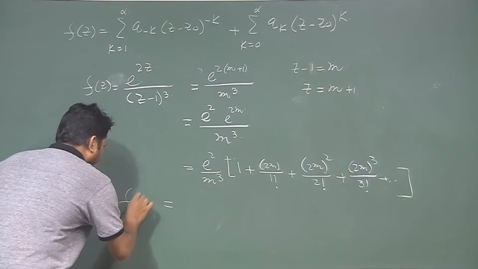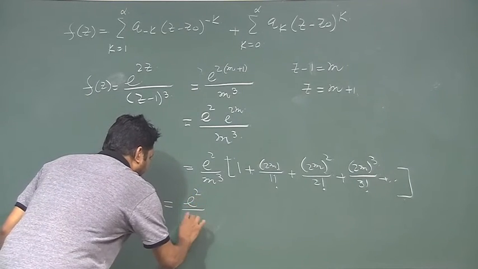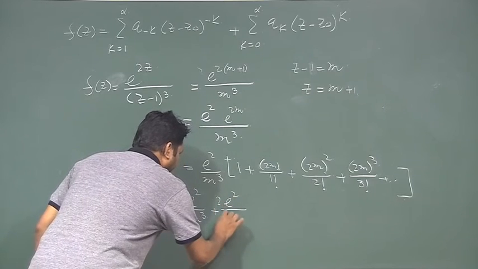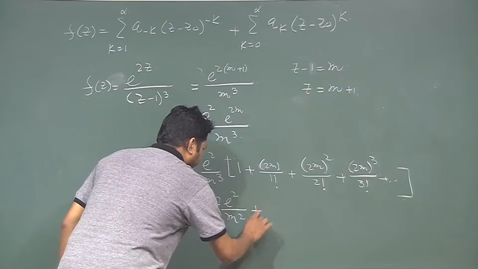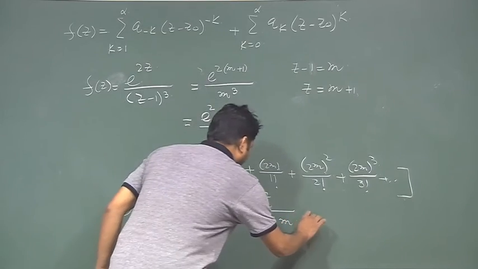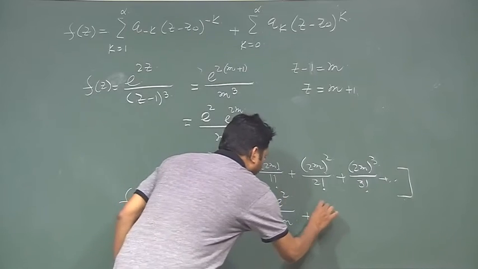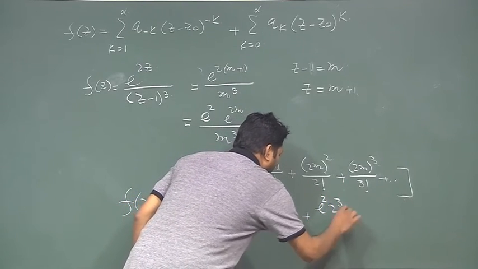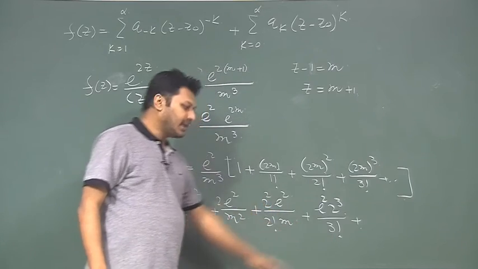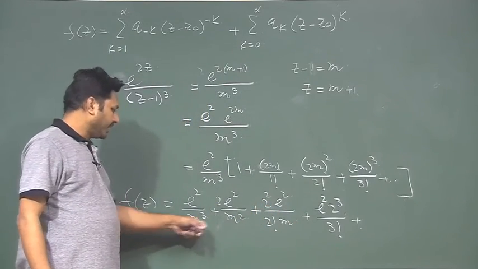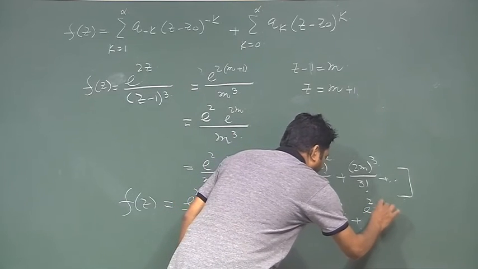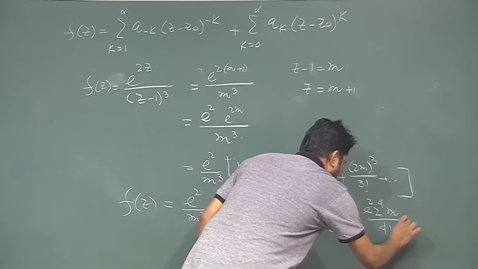So, the function of z finally comes out to be e square divided by m cube, then 2 e square divided by m square, plus 2 square e square divided by factorial 2 m, and finally e square, 2 cube divided by factorial 3, and here we have a term which does not have any m. Before that we have terms which have m in the denominator, and after that whatever we have is in the numerator: e square, 2 to the power 4 m divided by factorial 4, and so on.